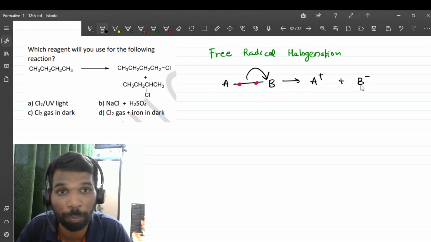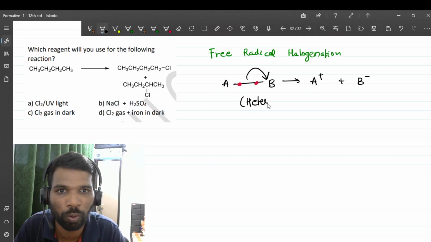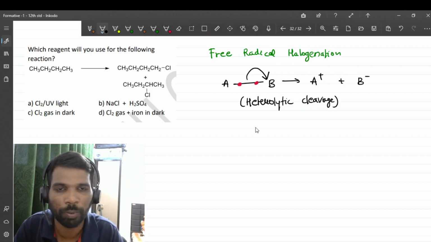This cleavage I have shown is a heterolytic cleavage. This is not formed in this example.